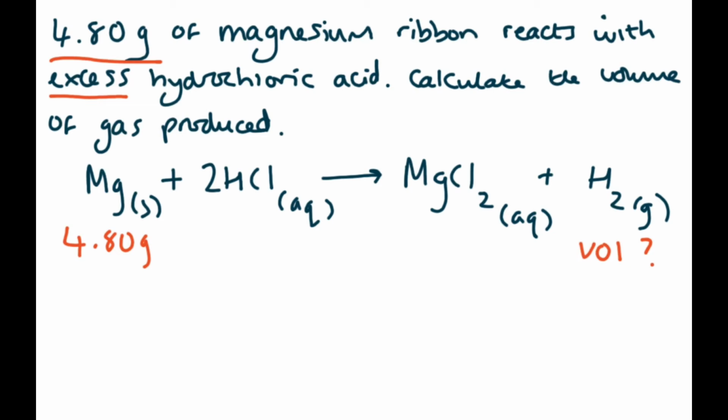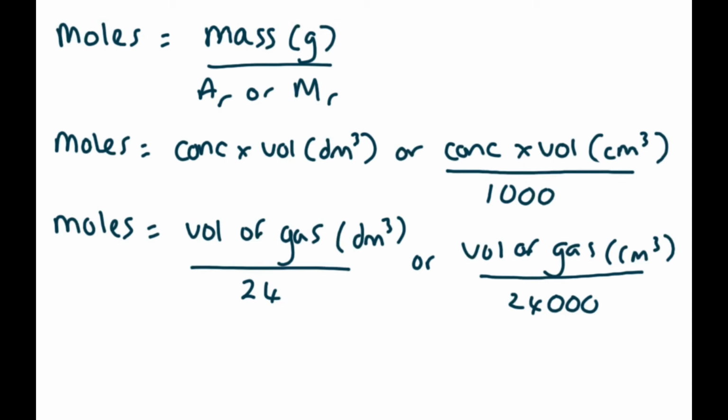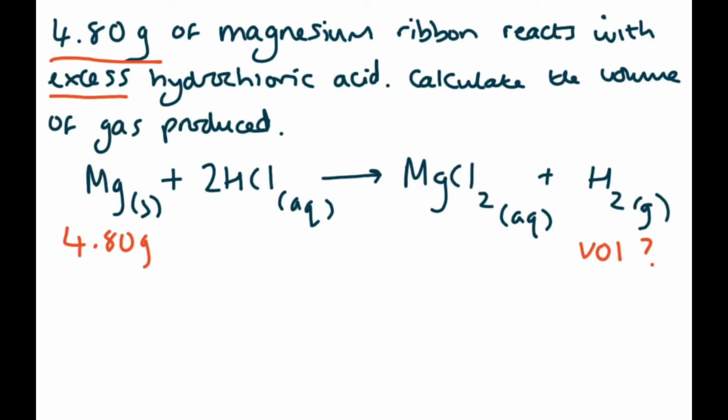Okay, so we need to use those three equations in order to work this out. We've got a mass of magnesium, so we're going to use the equation moles equals mass over relative atomic mass or relative molecular mass. So we've got 4.80 grams. Find the relative atomic mass on the periodic table.